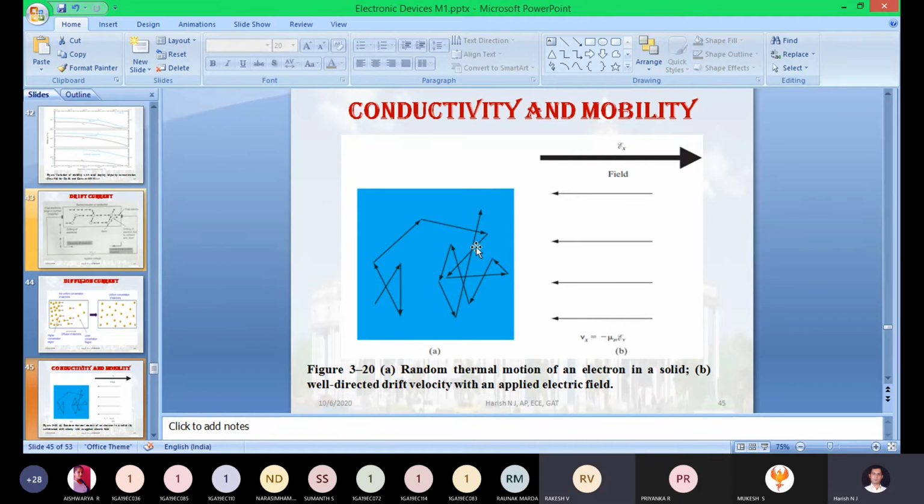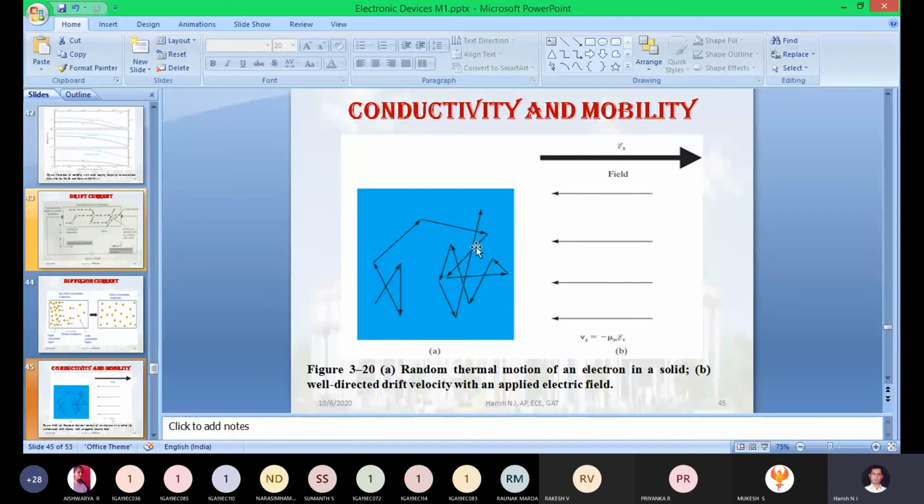But if you have taken an n-type semiconducting material, there is a huge number of electrons. The applied electric field may be insufficient to alter all the electrons.